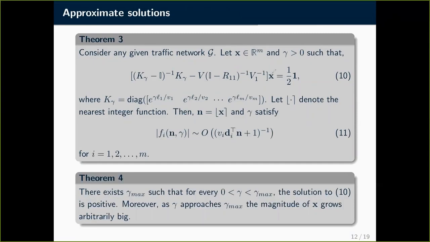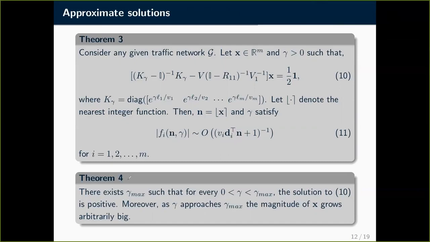And we say that if X solves this system, where we know all of the parameters, and we let n be the nearest integer for each element of X, then the error function will be of the order of this expression. Note that n is in the denominator because of the exponent. So if we have a lot of partitions, then the error will be small.